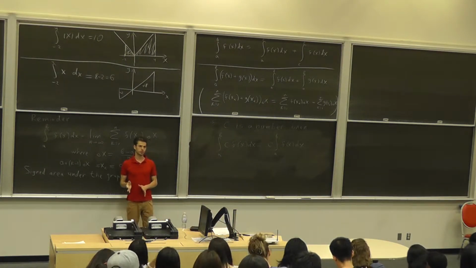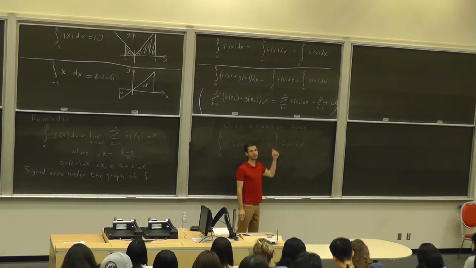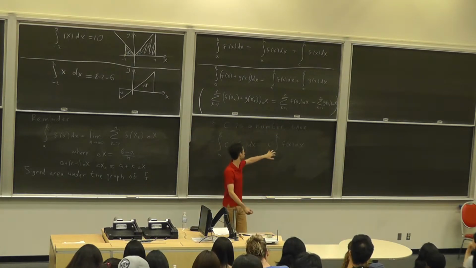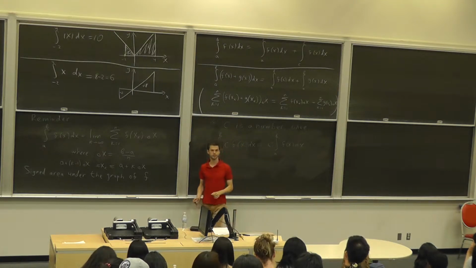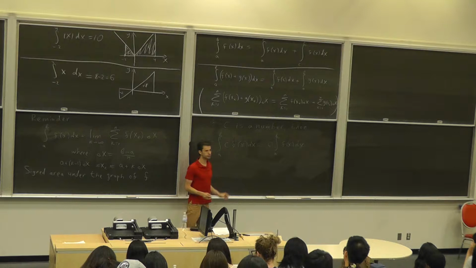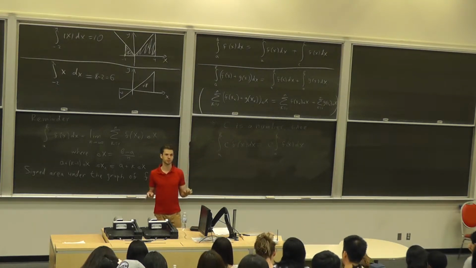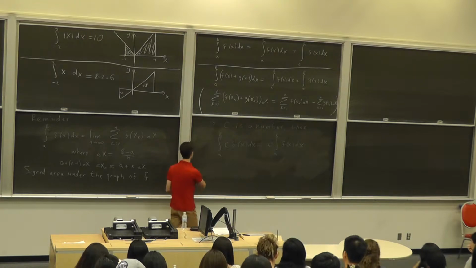So you can take the constant out of summation, and as well you can take the constant out of integration. But be careful, c should be a number, not a variable, not a function of the variable, just a number, 5, 10, something like this.